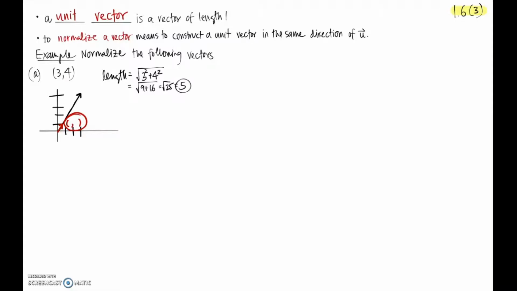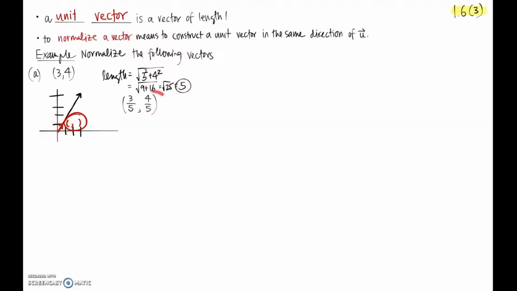This is the length of the vector. So (3/5, 4/5) will be the vector that's in the same direction as the original vector, but has only length 1.